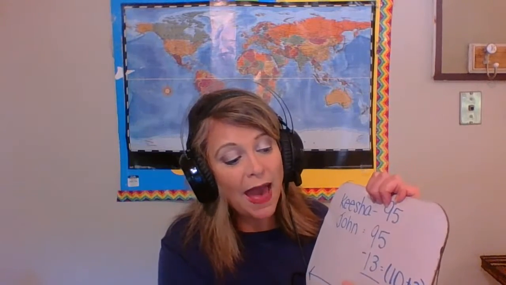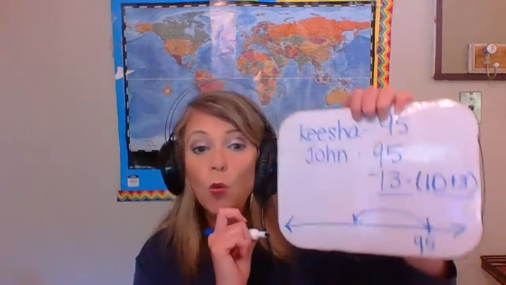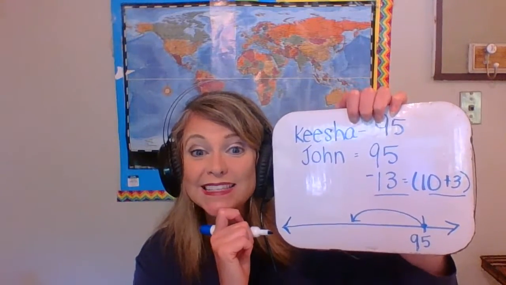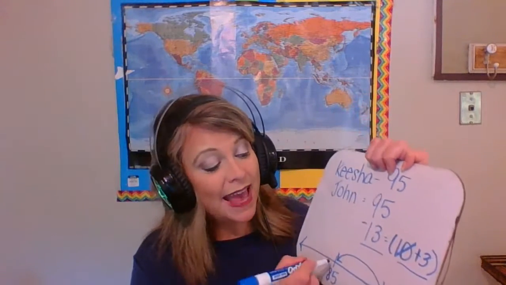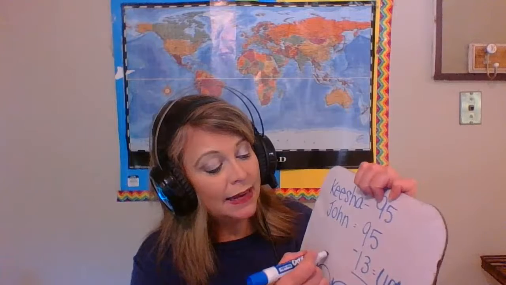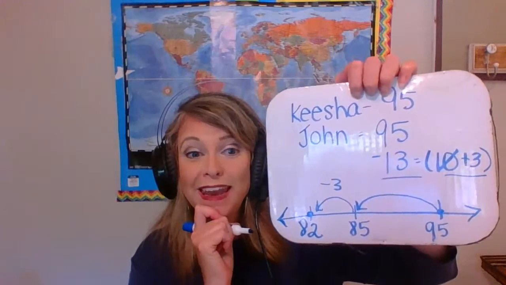I'm going to go back by 10 first. So everybody knows what's 95 minus 10? 85. Super. Then I'm done with the 10 and I need to go back another 3. What's 85 minus 3? 82. I know that John made an 82.